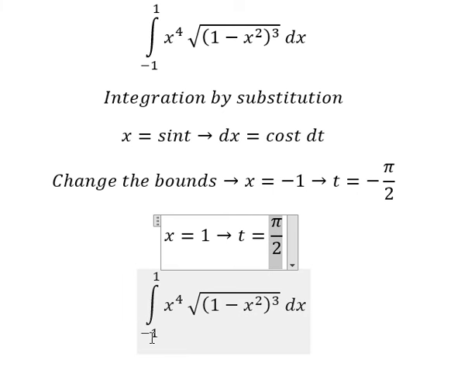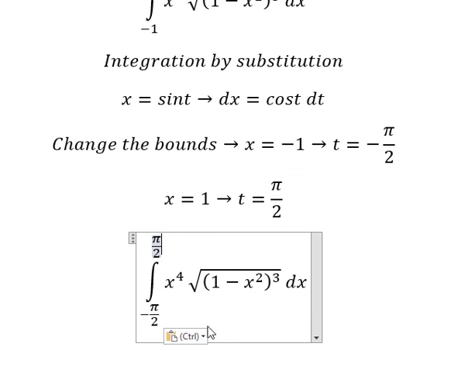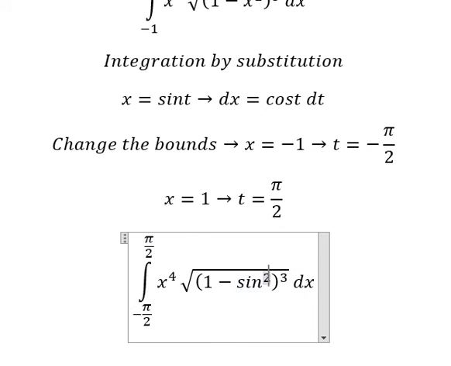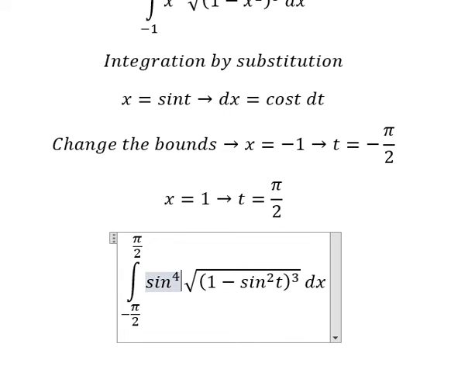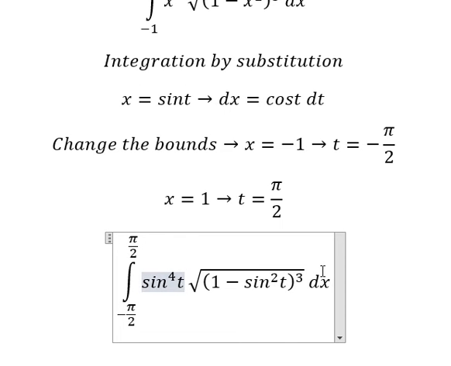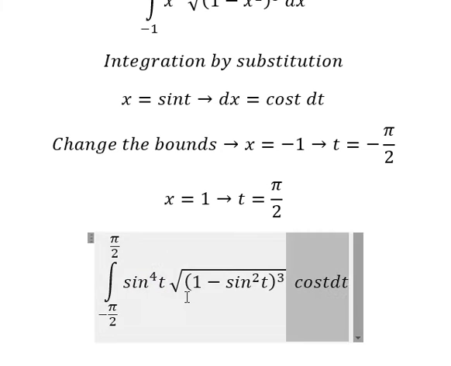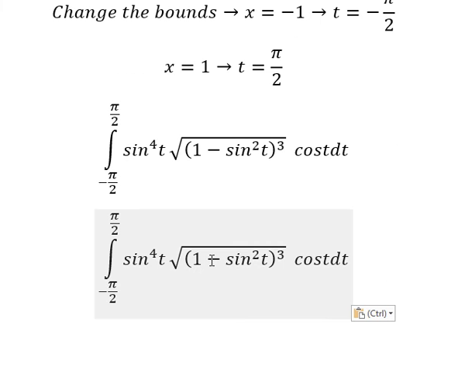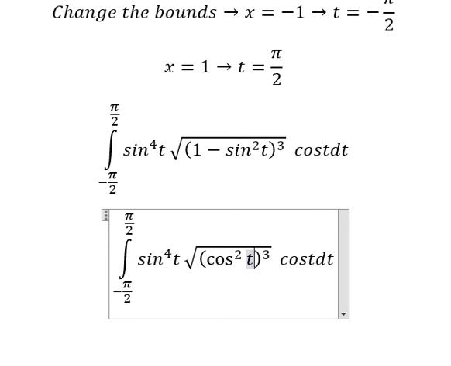So this one we put in here. This one we put in here. s we change for sine t. The s we change for cosine t. One minus sine t square we change for cosine t square.